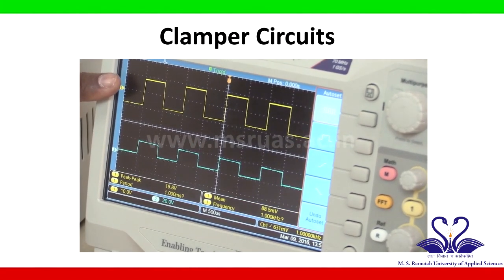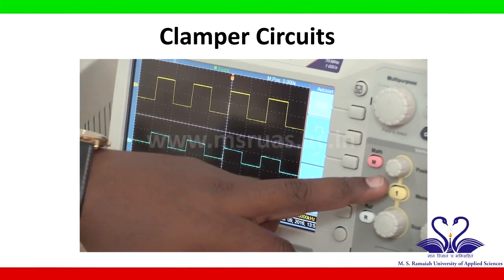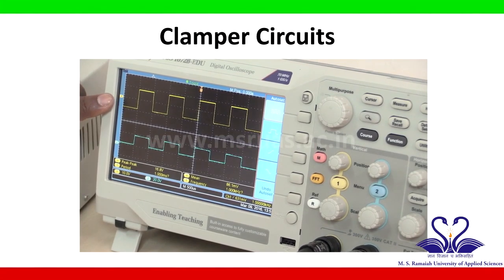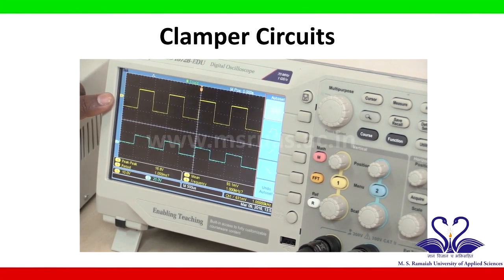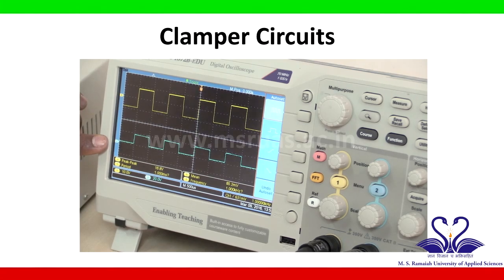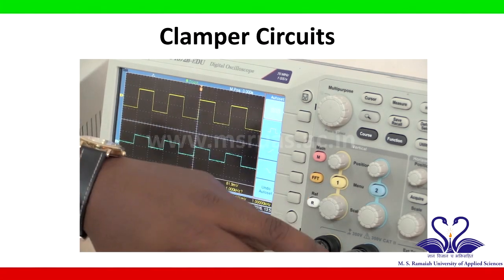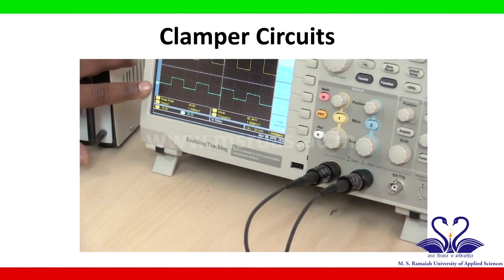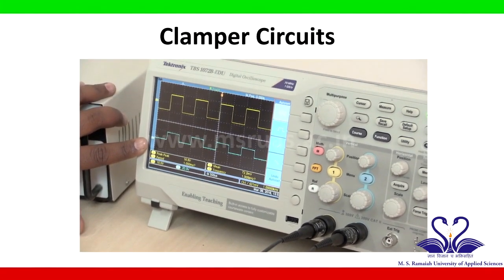The yellow color signal is the channel 1 signal which we have connected to the input. So the yellow signal is the input voltage, and the light blue color signal is the channel 2 signal which we have connected to the output voltage.